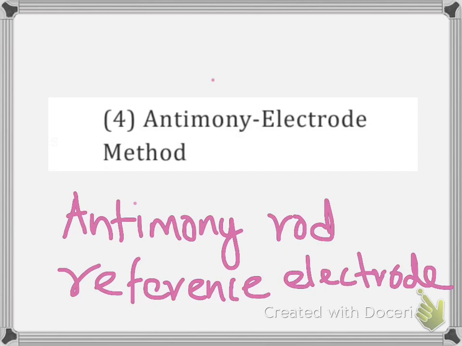First, dip the tip of the polished antimony rod into the test solution. Similarly, the reference electrode is also dipped in the solution, and the pH is measured from the difference in the potential between them.